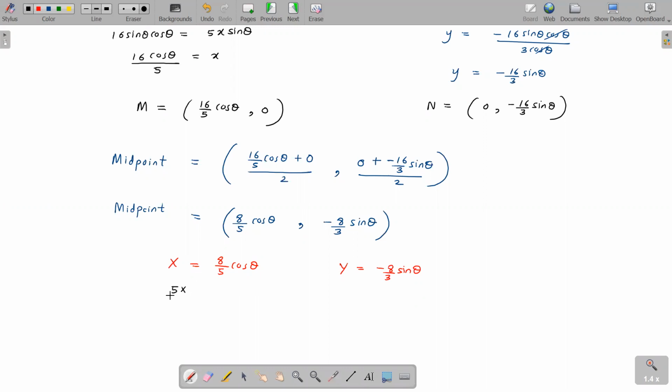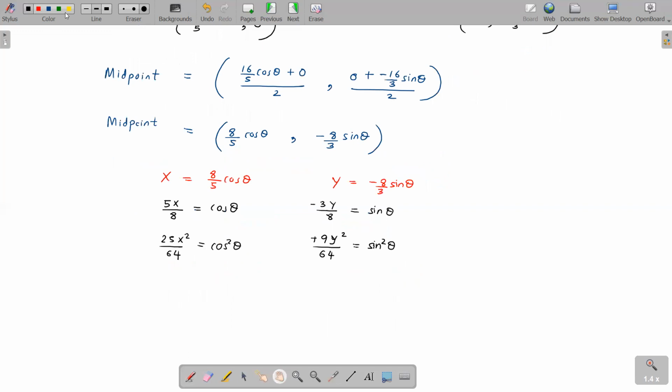I get first 5x over 8 equals cos theta, which means cos square is, if you square, 25x square over 64. If I make sine theta the subject, I get minus 3y over 8. Switching sides, or you can take the minus here. So when you square it, the minus will also get squared, right? Minus becomes plus, 9y square over 64.